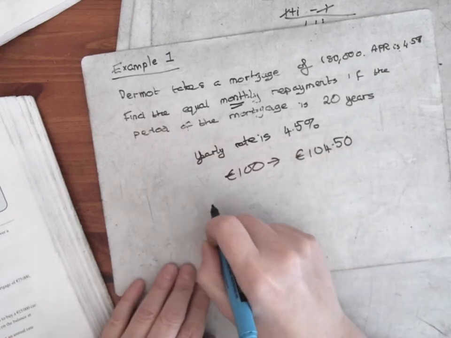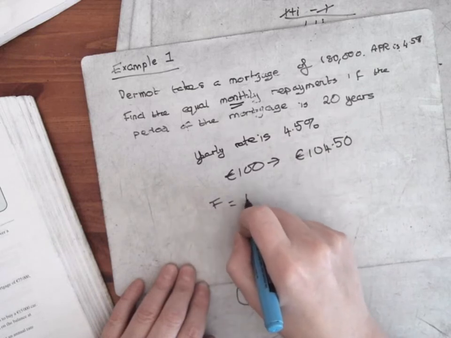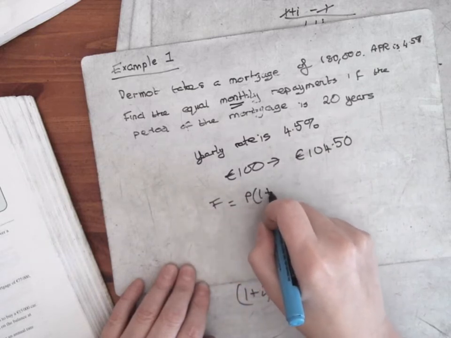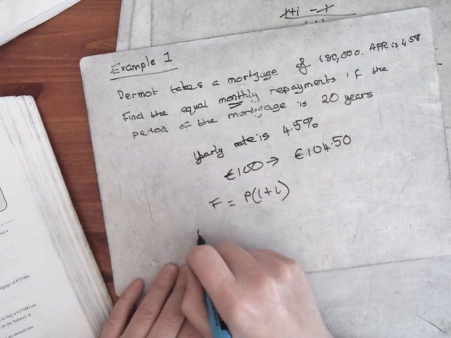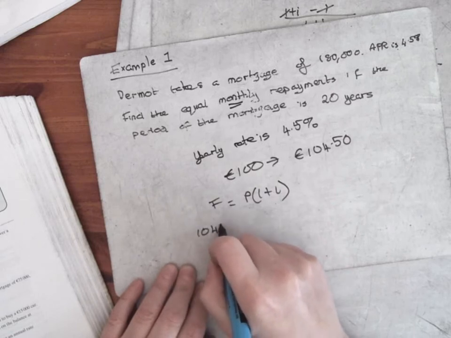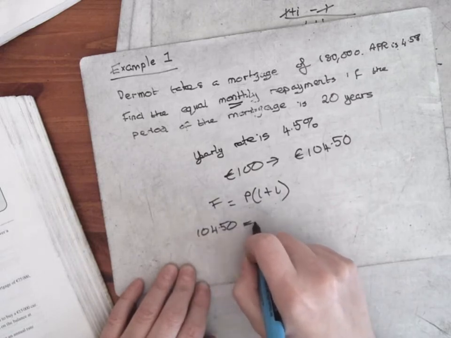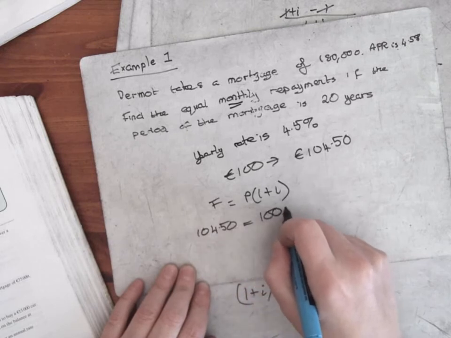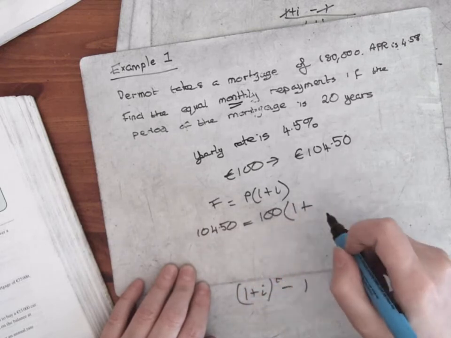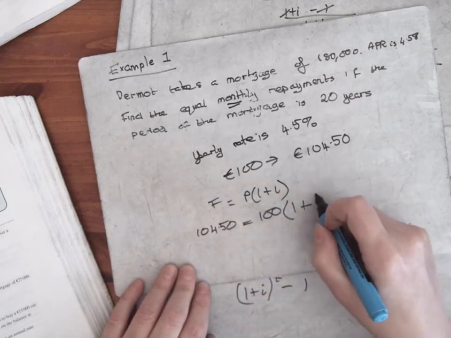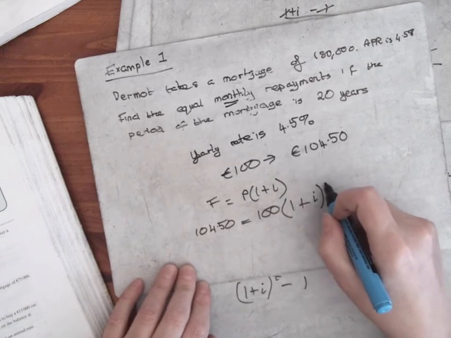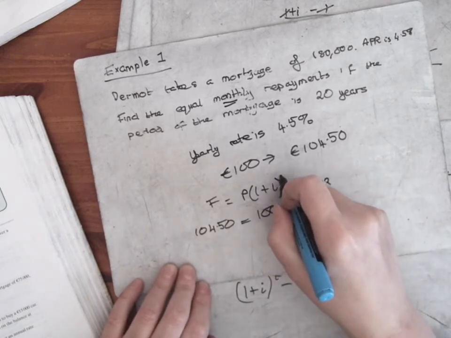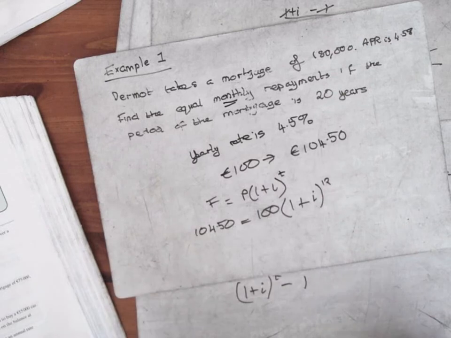So final amount is equal to the principal times 1 plus I to the power of t. Final amount is 104.50 equals the principal is 100 times 1 plus I. I is the monthly interest rate, which is what I'm trying to find out. Now the time is in months, so it's 12 months.